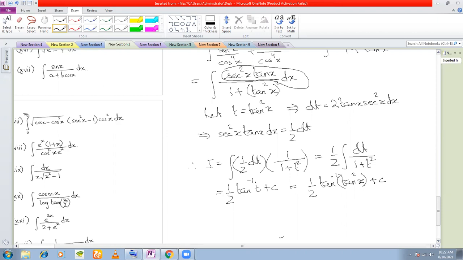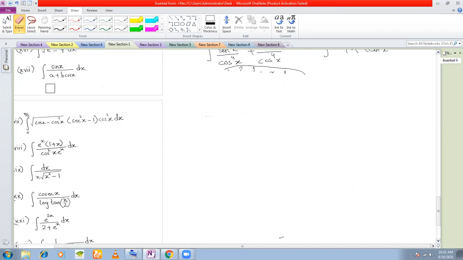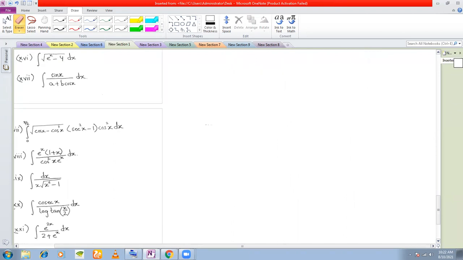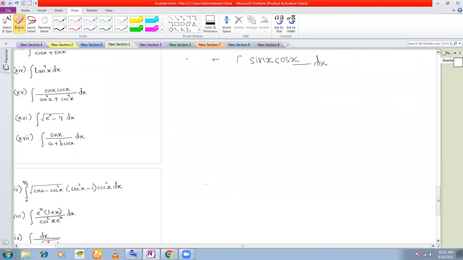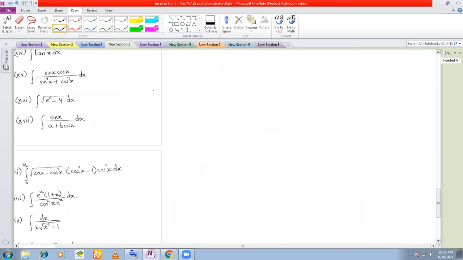Okay, let's move on to the next problem. I is equal to integral root over of e to the power of x minus 4 dx.